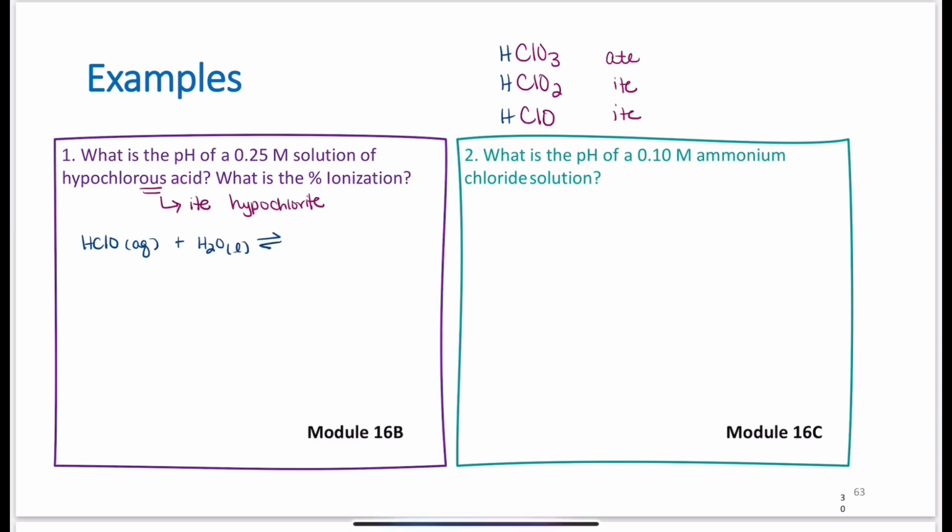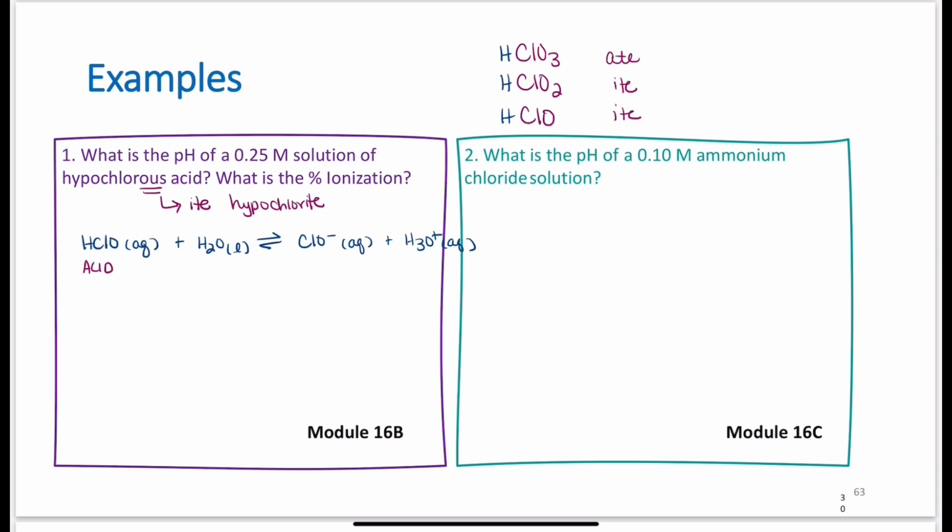It does form an equilibrium because, again, weak acids only partially dissociate. It goes with water and forms the hypochlorite ion and hydronium ion. You should be able to identify anytime something's acting as an acid, a base, a conjugate acid, or a conjugate base. In this case, this is acting as the acid. I know that because it's donating a proton.